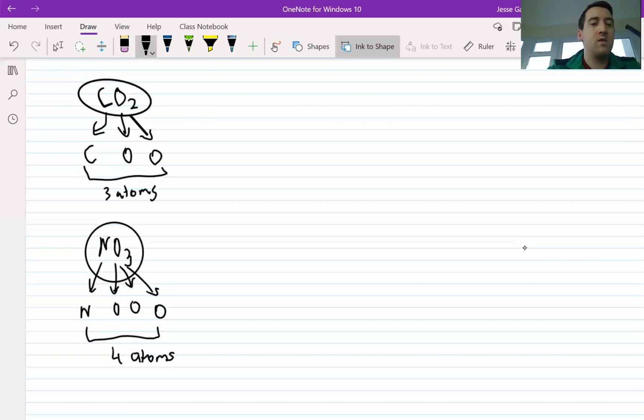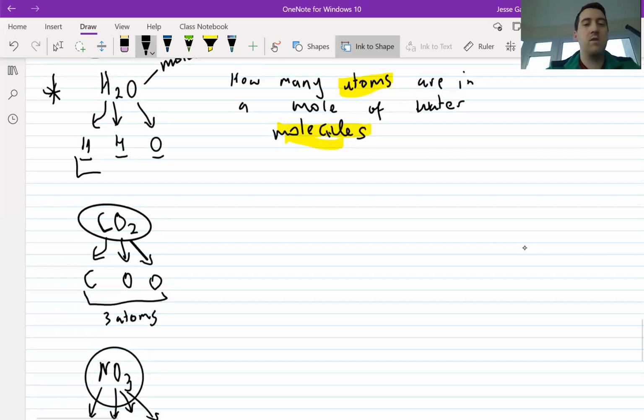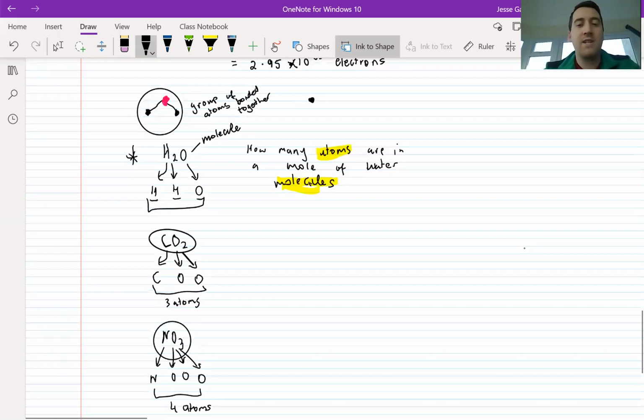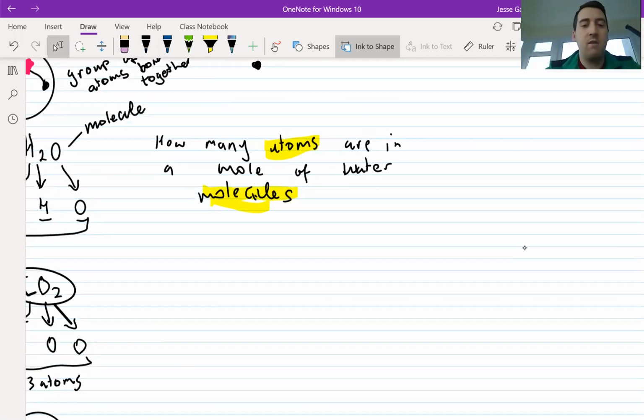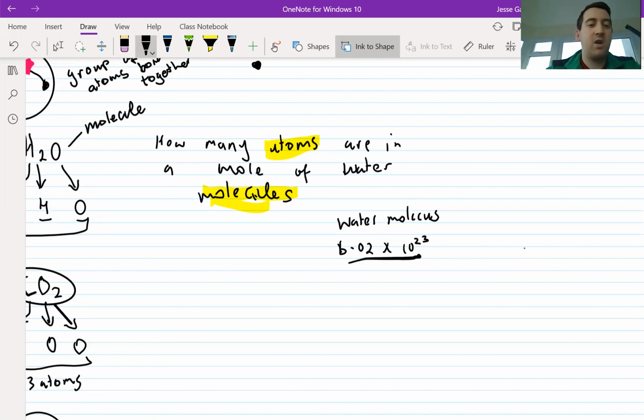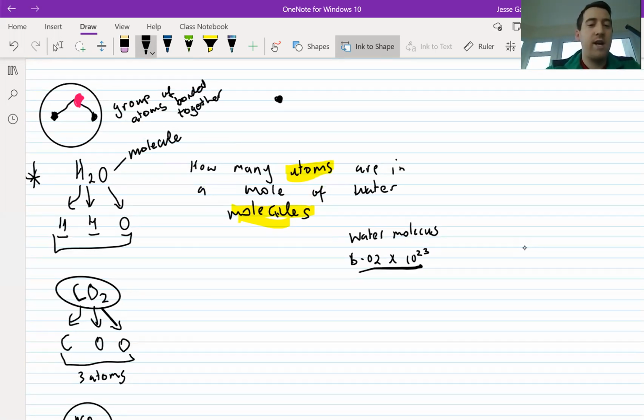Okay, so how many atoms are there in a mole of water molecules? Well, first of all, 1 mole of water molecules is 6.02 times 10 to the 23. So this is water molecules. We have 1 mole of them. So we have this many. And we want to know how many atoms there are. Well, in each water molecule, there are 3 atoms.